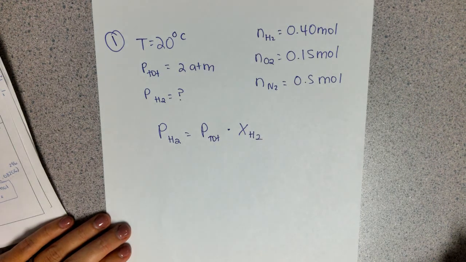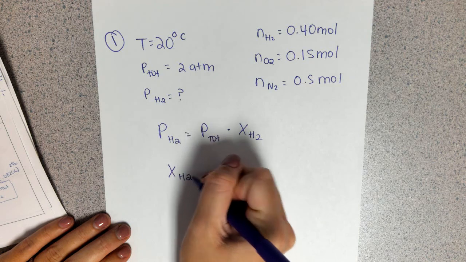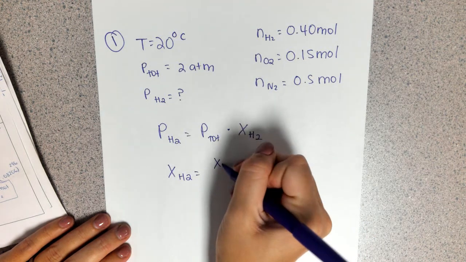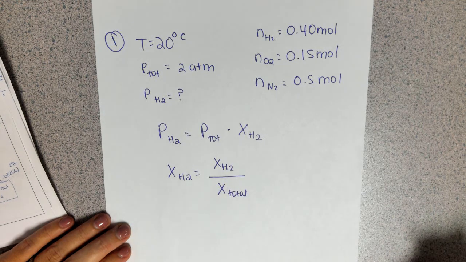Now, we don't have the mole fraction of hydrogen, but we can figure that out because our formula chart also tells us that the mole fraction of hydrogen equals the moles of hydrogen over the total moles. Now, I gave you how many moles there were of each gas.